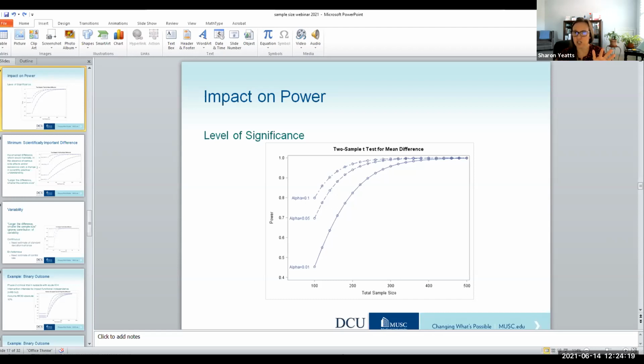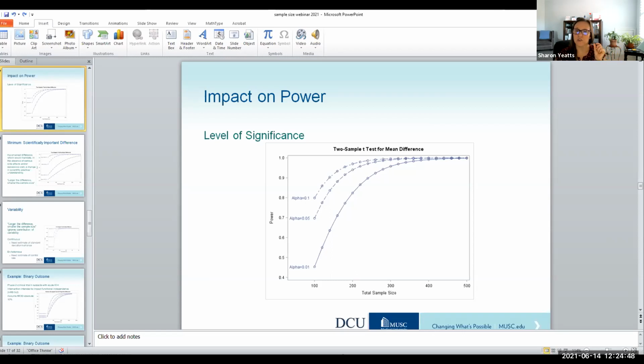The only thing I'm changing is the alpha level, the level of significance. If I have 100 subjects and I test my groups with an alpha of 0.1, I have 80% power. If I test at 0.05, now I'm down to 70% power. And if I test at 0.01, I'm down here at less than 50%.